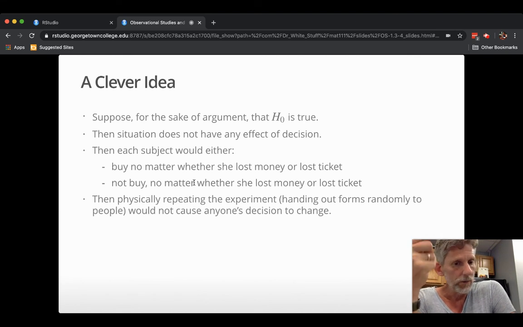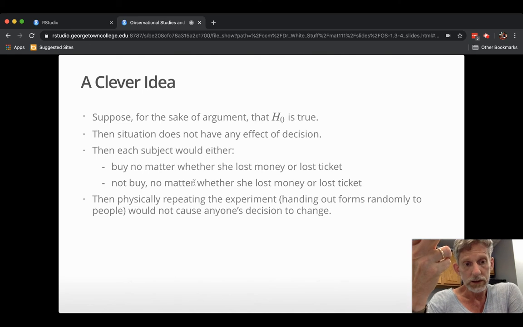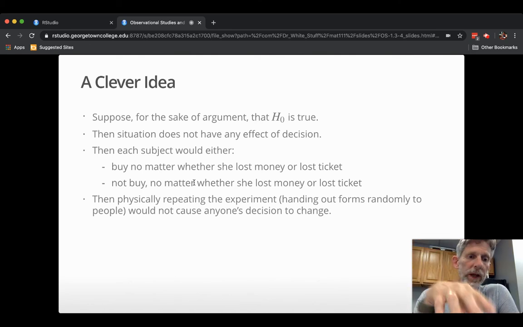Then each person would have said yes to both questions, they would buy no matter which scenario, or they would say no, they would not buy. So everybody's decision would be the same no matter which form. It would be either buy or not buy.